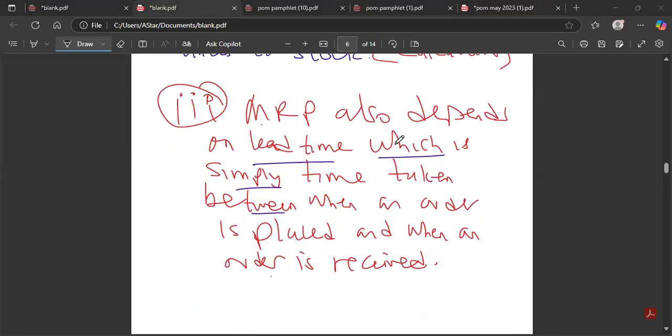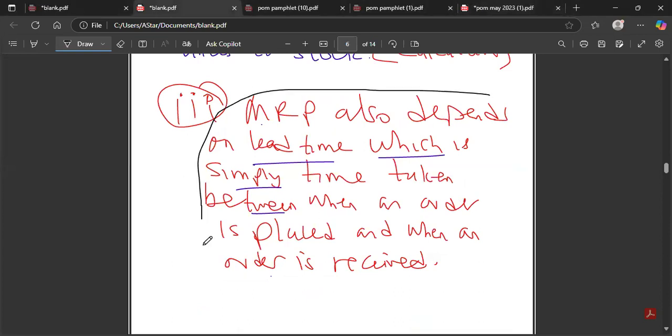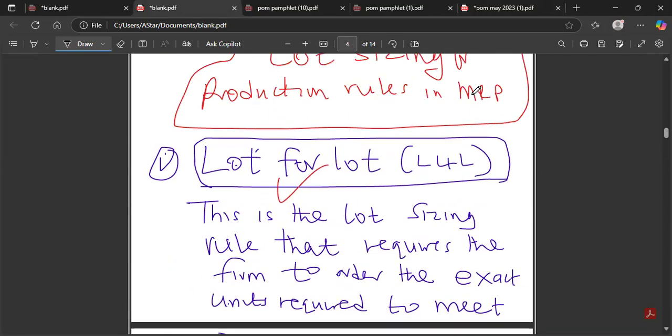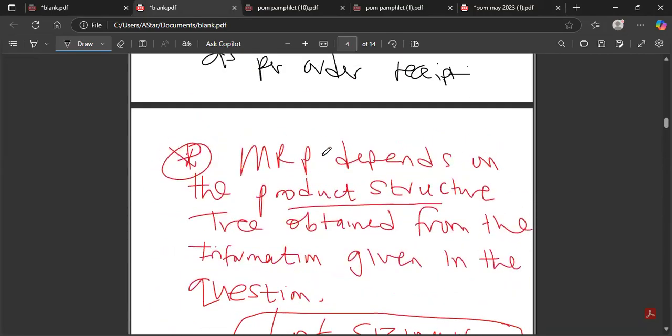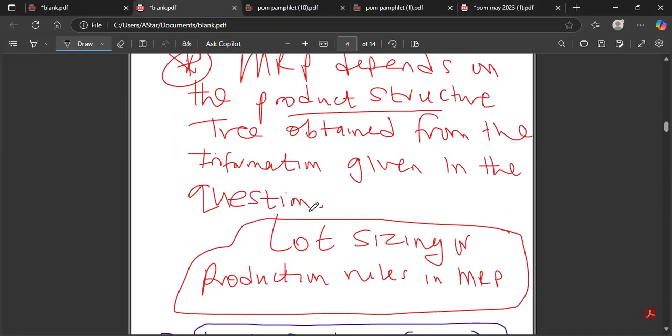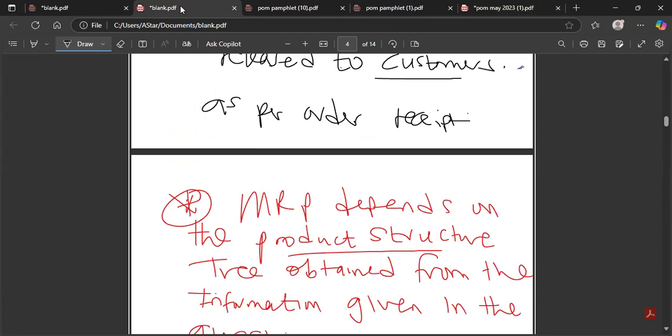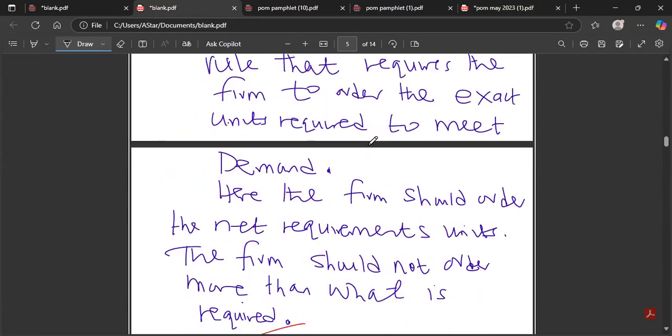So it also depends on lead time. I'll show you how we use the lead time. And of course, also the aspect where I was saying that any product structure tree is obtained from the information given in the question. And then we can now continue here.